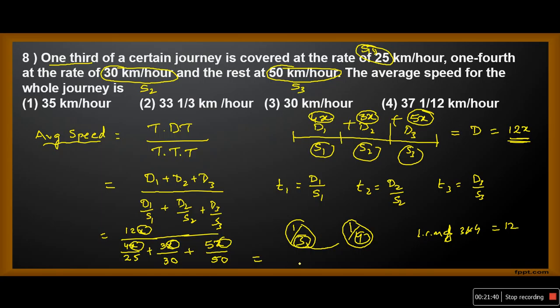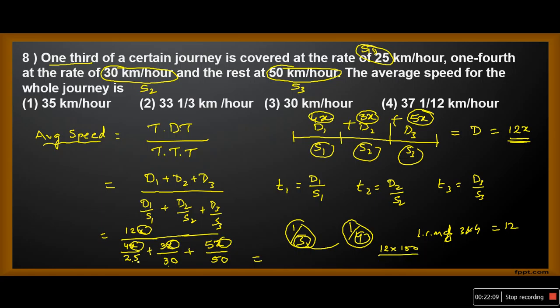Consider the value of x as, let us say, 50 or 100. LCM of 25, 30 and 50 means consider the value of x as 150. Consider x equals 150. What happens? 12 into 150 divided by 150 by 25.